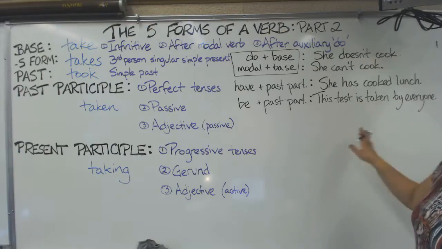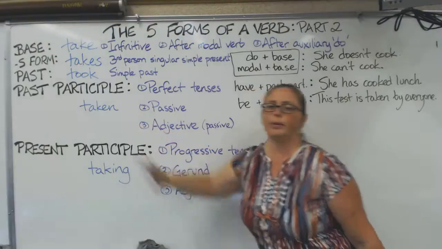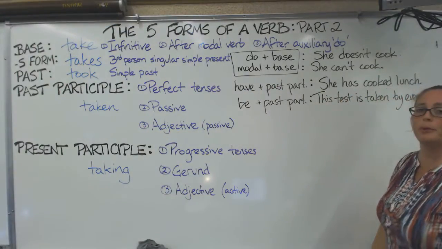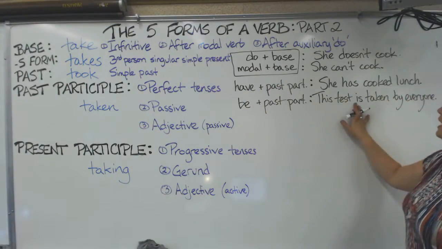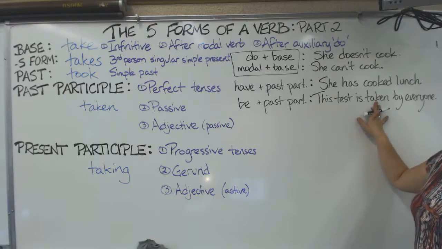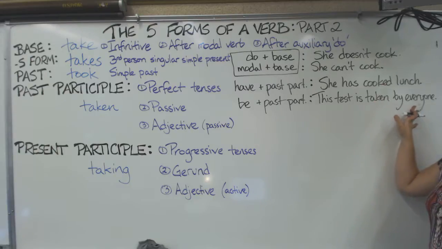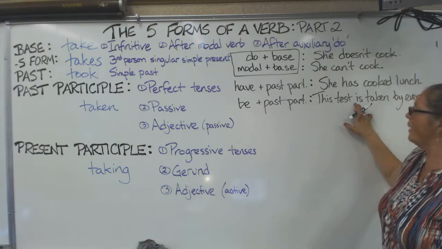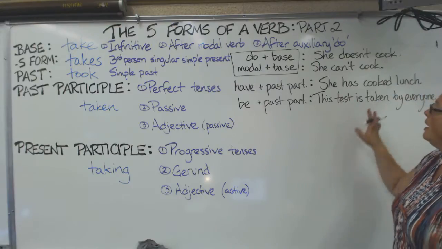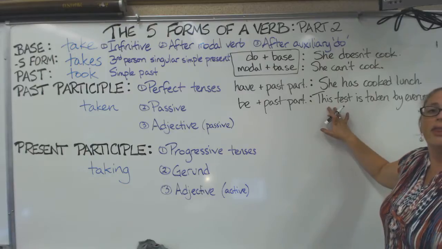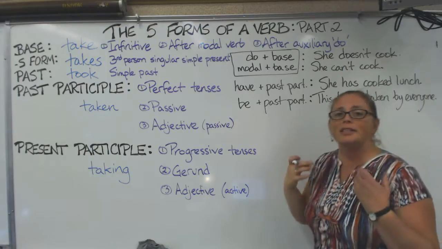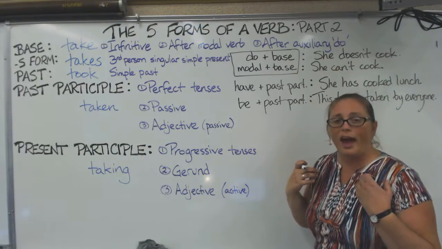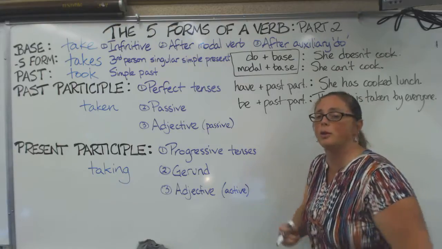Okay, if we're going to go back to our verb take, past participle taken, you could say this test is taken by everyone. So we are using the be verb is and the past participle. This shows that the subject is receiving the action, not doing it.